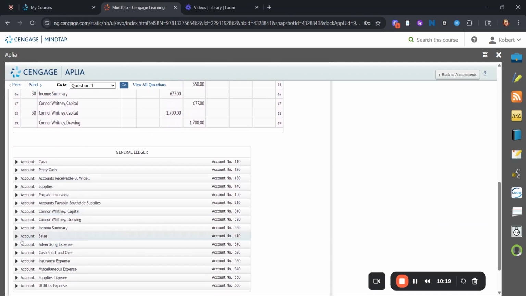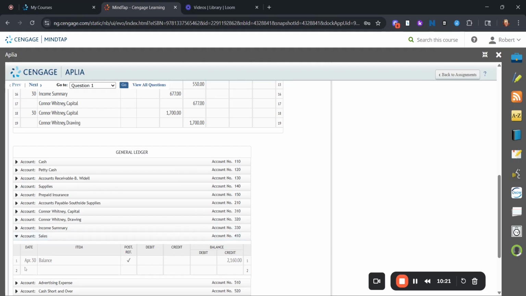Let's go down here and find sales. The 30th. Posting reference, page 8 from the journal. Debit amount $21.60. So we have a credit balance of $21.60.